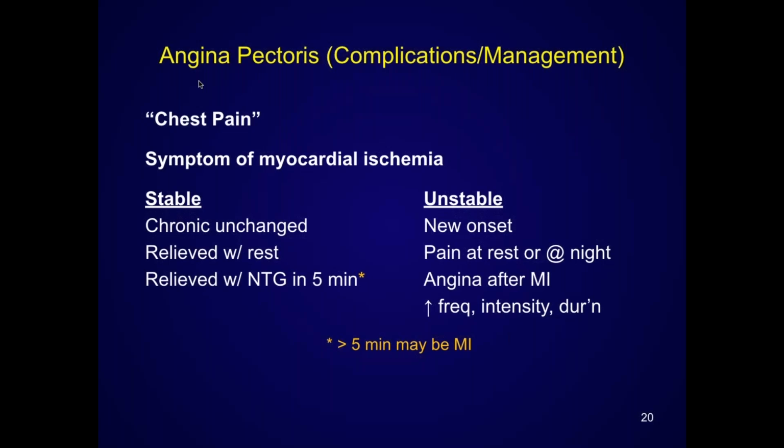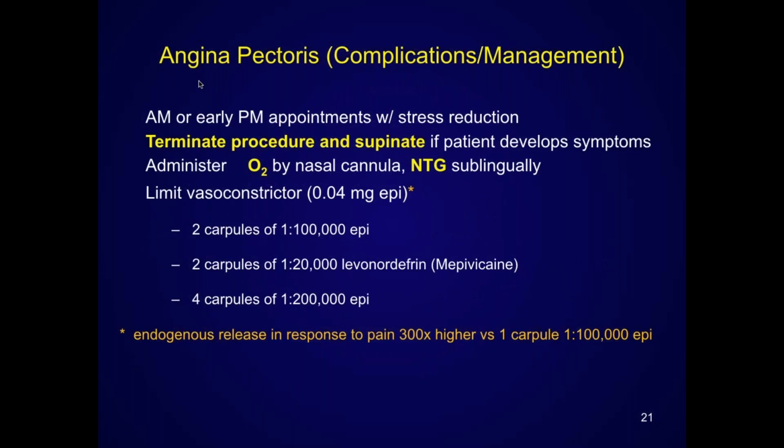avoiding elective care. And then for the patients who are going to have nitroglycerin, they need to bring it with them. And then it's every 5 minutes up to 15 minutes. And if they're still not responding, that's an MI waiting to happen, or you treat it like an MI. So when you get to those individuals, early morning's usually better because they're going to be in better shape. And if they have chest pain, you stop what you're doing.